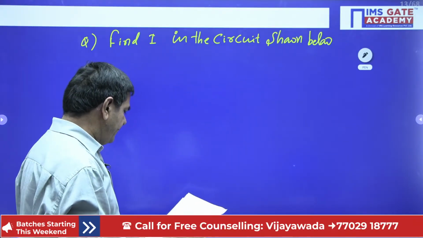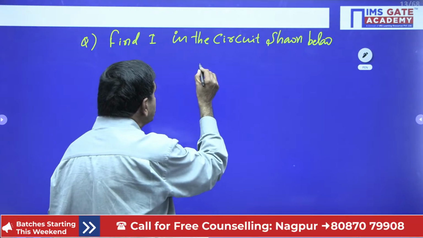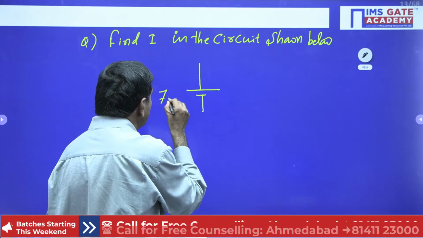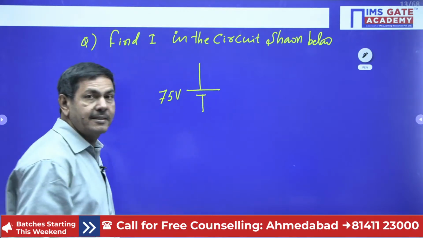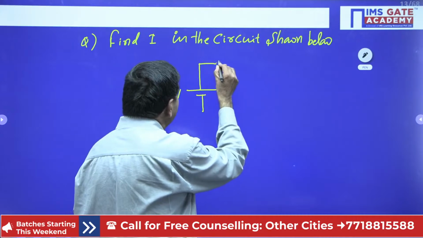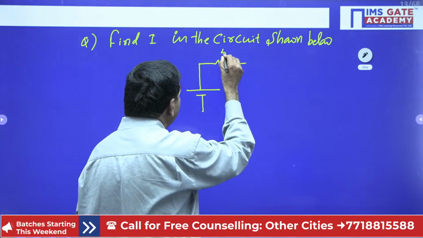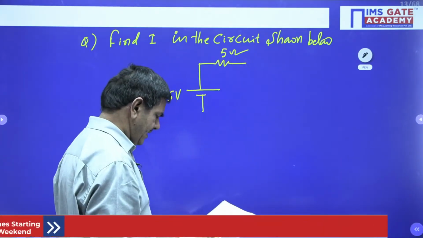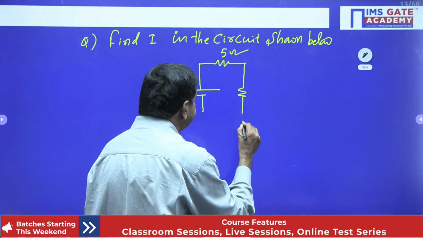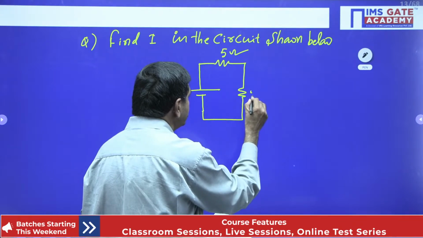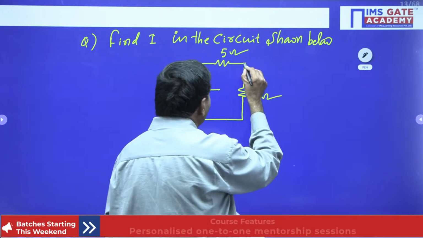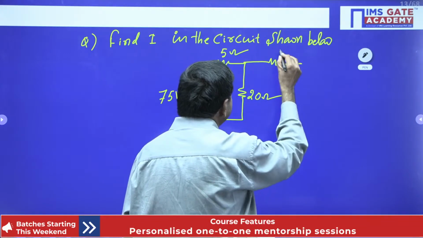Here a 75 volts voltage source is connected. On this side a 5 ohm resistance is connected, and this side a 20 ohm resistance is connected. This side one more 5 ohm resistance is connected.